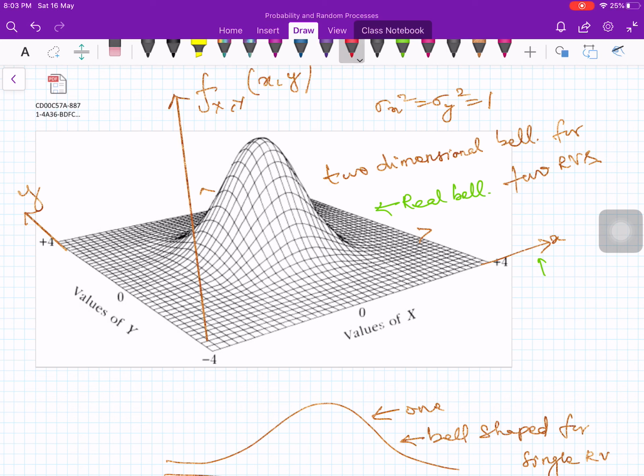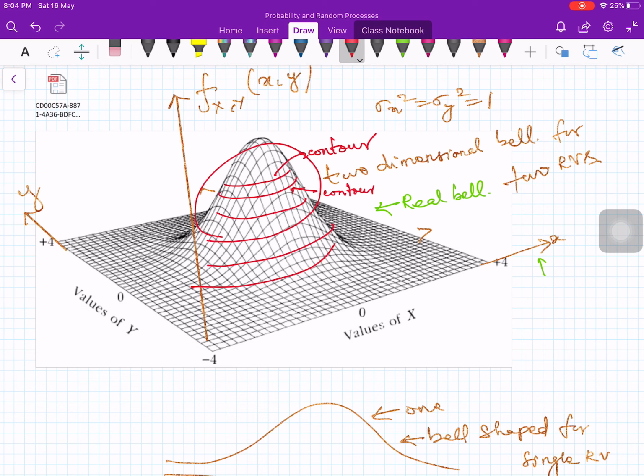So this is a contour, and this is another contour. The contour would have a shape that looks like a circle. If you take the cross section of this on the xy plane, you get a circle.